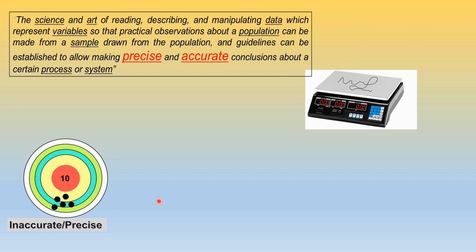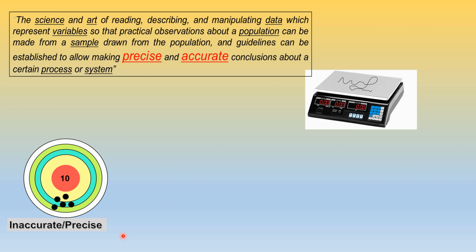That's a situation you could easily face with a digital balance. Why? Because it's not calibrated well. So as a result, you get values that are very close, but they are not describing the target value, which is 10. Now, if the values are very close, we call these values precise. So what does precision mean?